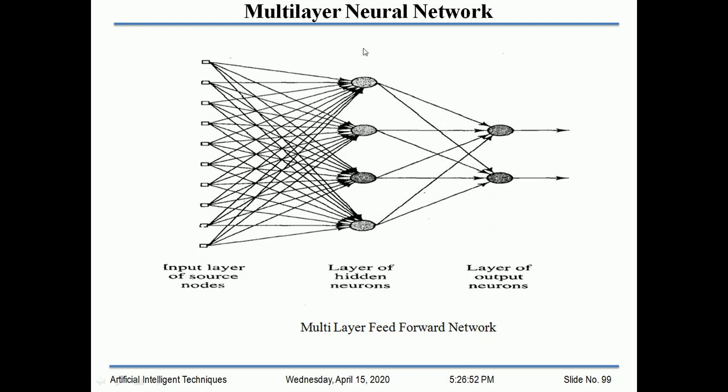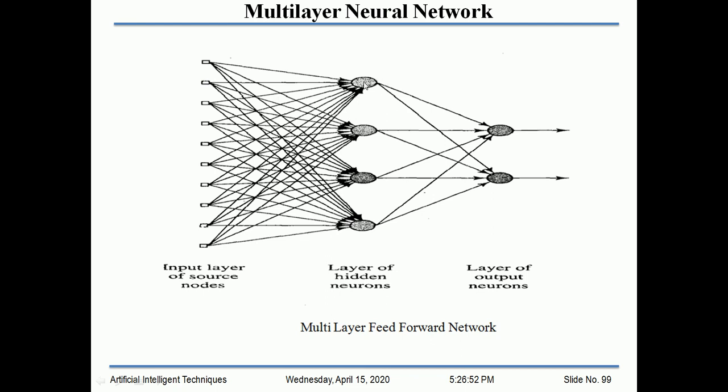If you consider the hidden layer, the desired outputs will not be known to you. If I don't know the hidden layer desired outputs, what do I need to do? I need to go with a new procedure, because since I don't know the desired output of this hidden layer, I cannot update the interconnection weights between the input nodes and the hidden layer.